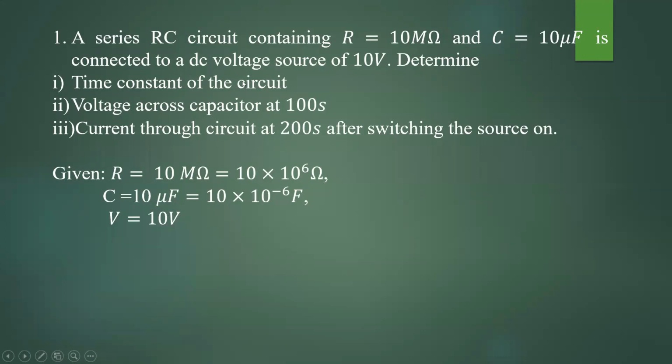What are the things you have to calculate? First, you have to calculate the time constant of the circuit. So what is the time constant in case of an RC circuit? You can unmute and give the answer.